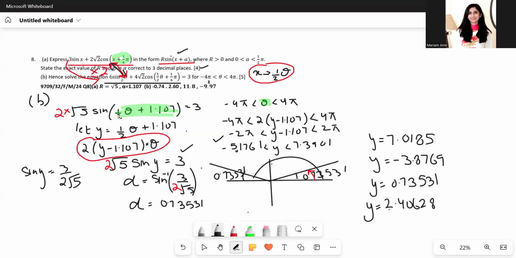So 11.8 is the correct answer for theta. The other one I did just check right now. It is minus 9.97. Now I have to check the other two. 0.73531 minus 1.107, and answer times 2 is negative 0.74.